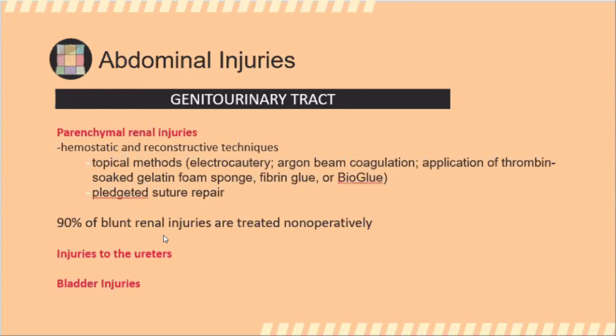So, lalabas yun yung ihi, magsispill out sa abdominal cavity, and it can cause urinoma. So the patient may present with surgical abdomen. So it needs to be operated upon, bubuksan yan, and kailangan yan i-repair yung bladder. Two-layer din yan, two-layer na absorbable.